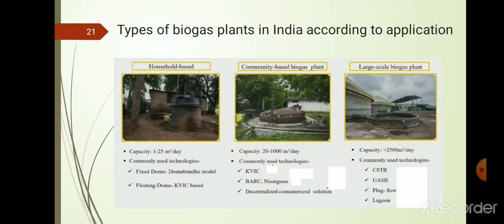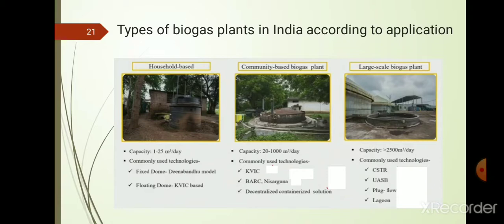Finally, we have another classification based on capacity, that is how many meter cube of biomass it can handle. Based on that we can classify into small scale, medium scale and large scale biogas plants. The first one is a household digester for a single house, with a capacity of 1 to 25 meter cube per day.